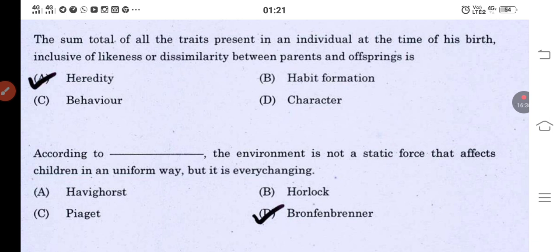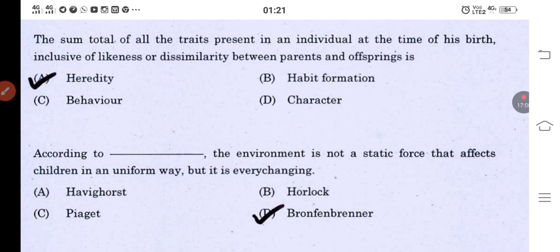All these psychologists have given various theories, and only when we know all these theories can we answer this question. First coming to Havighurst, the theory given by him is the developmental tasks at various stages, how the developmental task changes in a child.